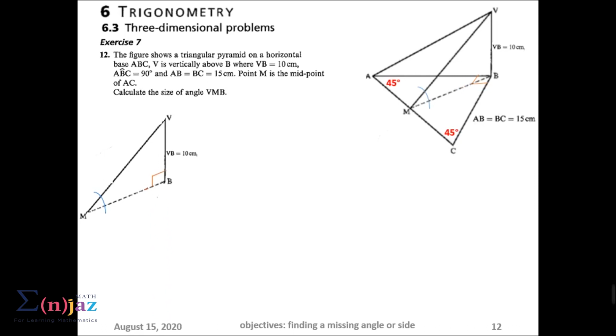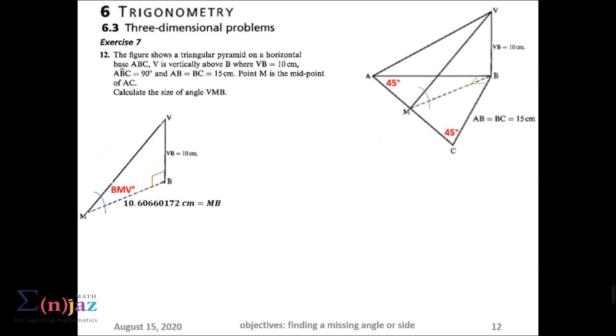This is 90 degrees because at the very beginning of the question, they mentioned that V is vertical on the plane or on the ground. This is what we found in the previous step: MB is equal to 10.6 centimeters.